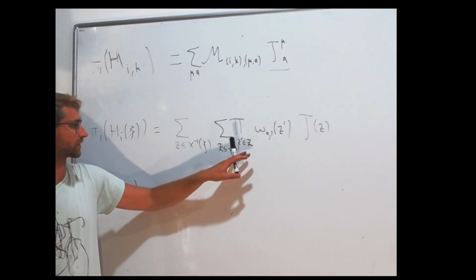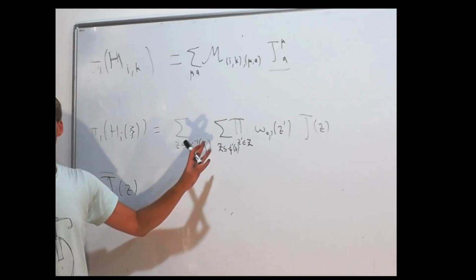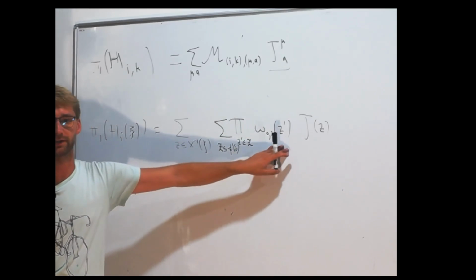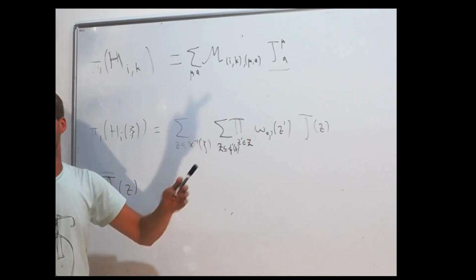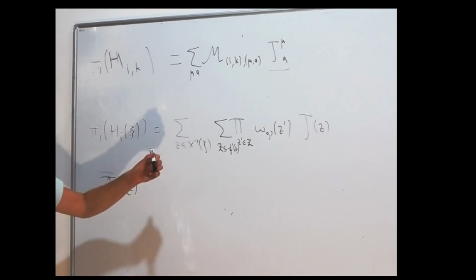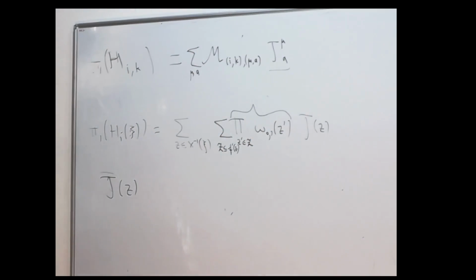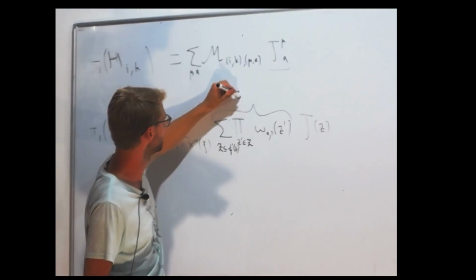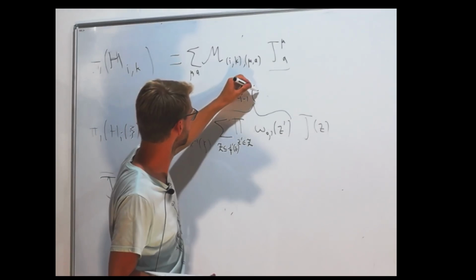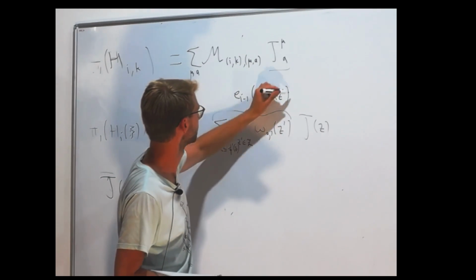We're summing over subsets of a set, which we can think of as the roots of a polynomial. And we're taking products of all different elements in this set. That is basically an elementary symmetric function. So these things in here are nothing more than coefficients of a polynomial of which the roots, sorry, I should do it like this. These are just the e_{i-1} of the omega 0,1 z primes.